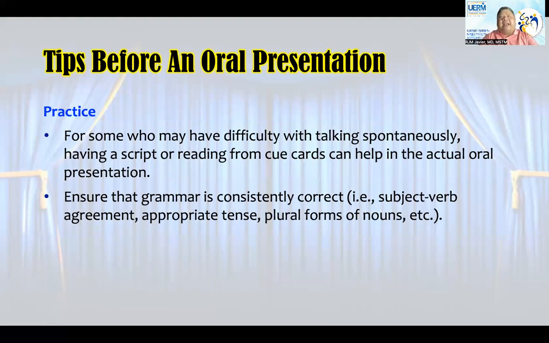This is something that is quite particular to Filipino presenters, but not so for the non-English speaking experts.